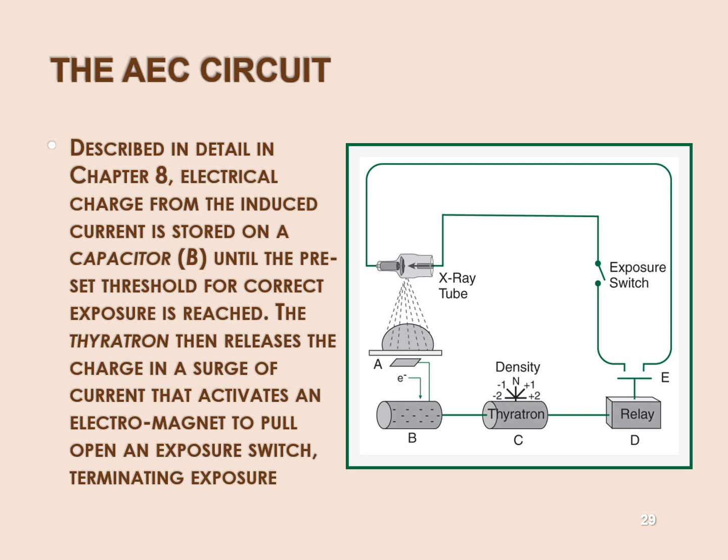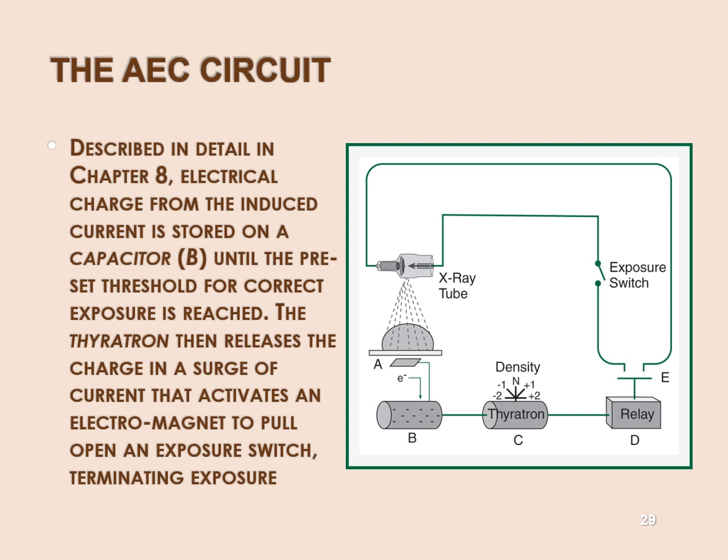So let's say we need, I don't know, like 2 billion photons to hit the image receptor. In order to do that, we compute the ratio of the size of the ion chamber to the size of the entire image receptor, and we figure out that that's equivalent to about 100,000 photons being captured by the ion chamber.